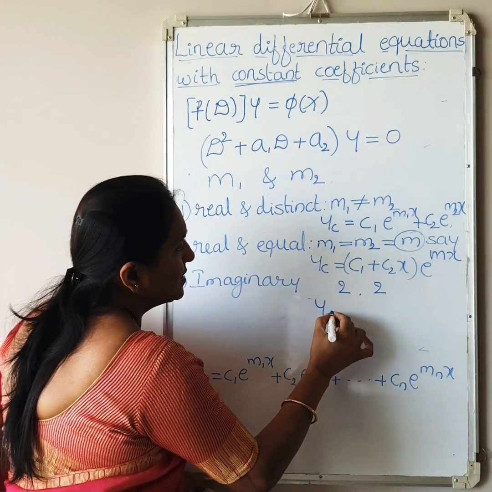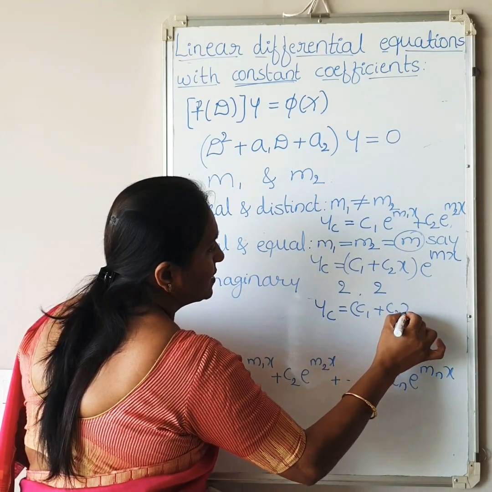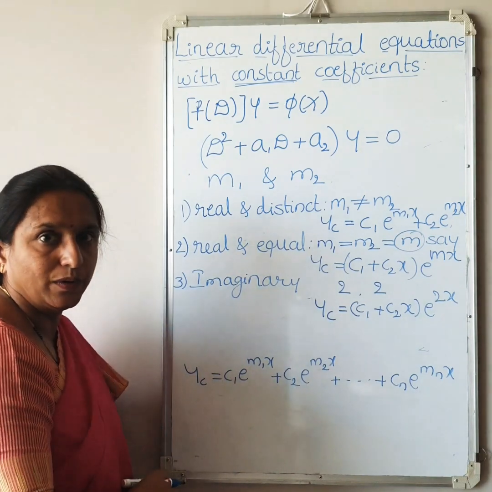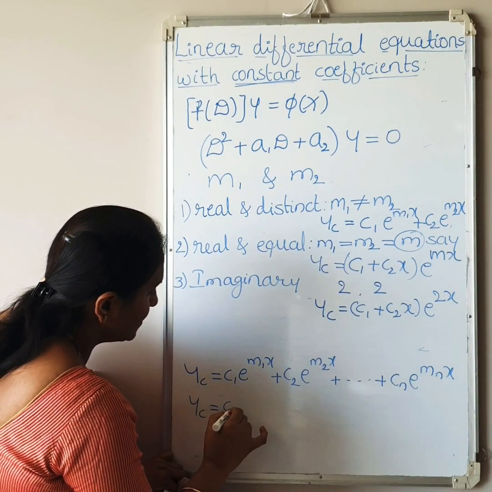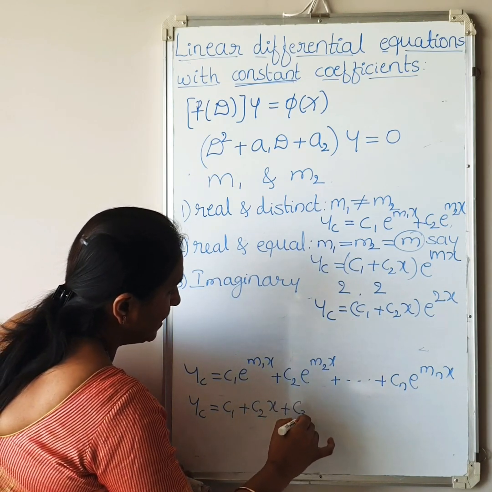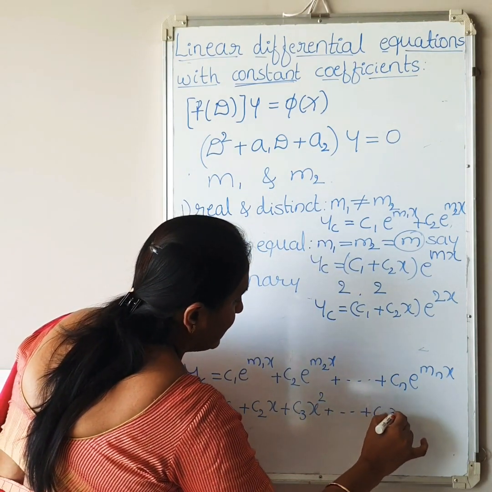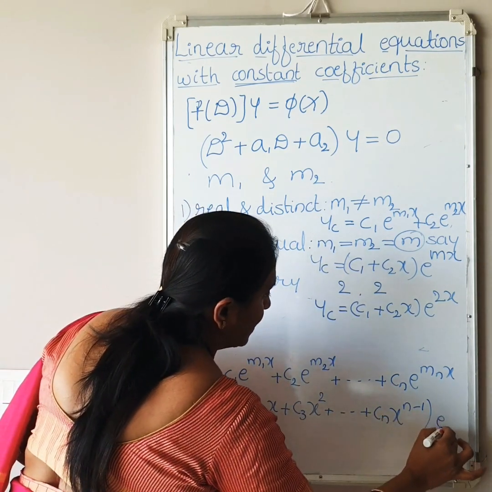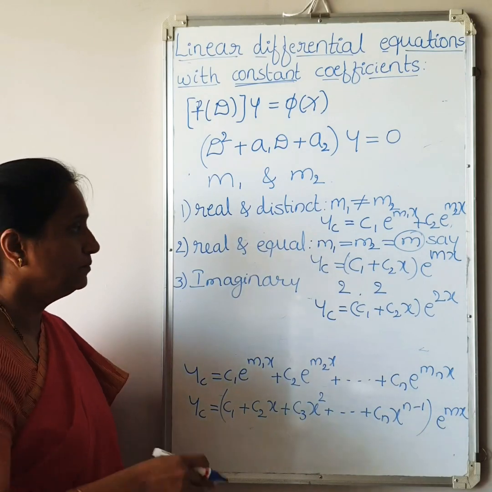Then we write yc is equal to (c1 plus c2x) e raised to 2x. In general, yc is equal to (c1 plus c2x plus c3x squared plus so on, cn x raised to n minus 1) e raised to mx when roots are real and equal.